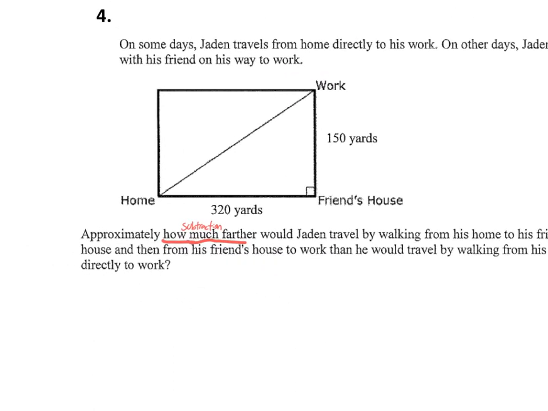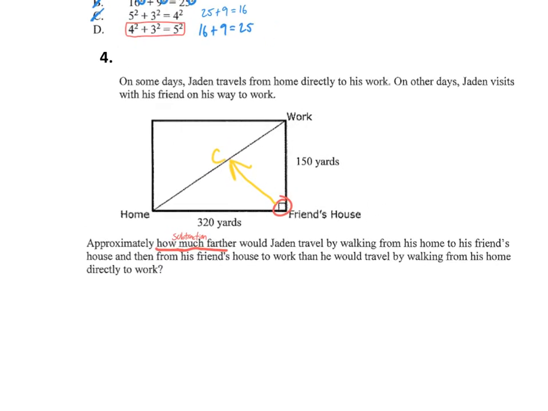And I do see a right angle right here, which means that this is going to be side C. So let's take the question one part at a time. If we're trying to figure out how much farther he's going to walk, I'm going to highlight this as I read it so you can see. Walking from his home to his friend's house, so going this way, and then from his friend's house to work.